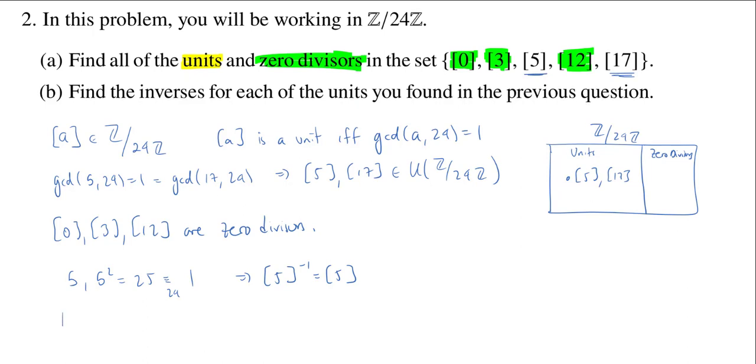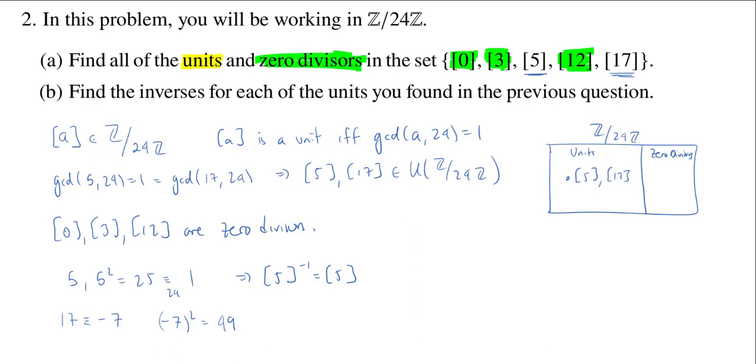Okay, what about 17? Well, 17, I don't want to start taking powers of that. Before I take powers, I'm going to reduce it to the least negative residue. So I subtract 24 and I get negative 7. That feels a little bit better. So 17 is the same as negative 7. Now, what is negative 7 squared? Well, the negative goes away and I get 49. Oh, but now let's see.